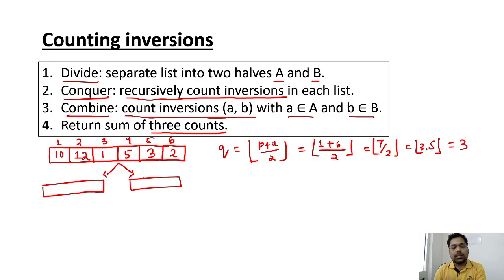Sometimes you may not have 6 or an even number of elements; it depends on the number of indices. Here if instead of 6 it is 5, then 5 plus 1 is 6, 6 by 2 is 3, so the left hand side could be 3 elements and the right hand side 2 elements. As we have already studied in merge sort, we follow this approach. Okay, now you simply write the elements as they are.